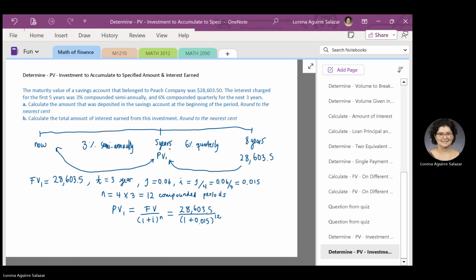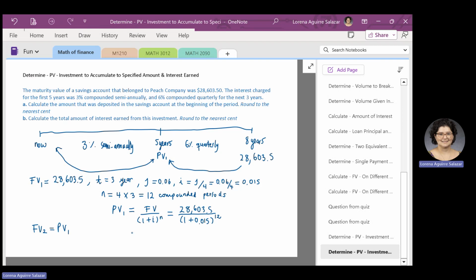We still need to go backwards 5 more years. So now we work with future value 2 equals the present value we just found, present value 1. That is the amount of money in the savings account after 5 years. We need to go backwards and see how much that money was at the beginning.